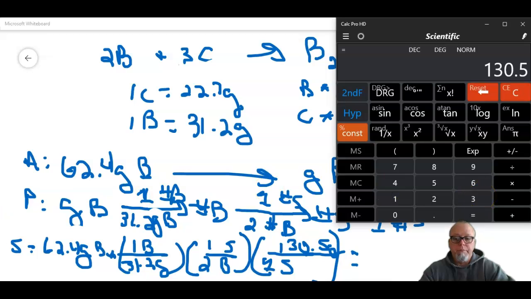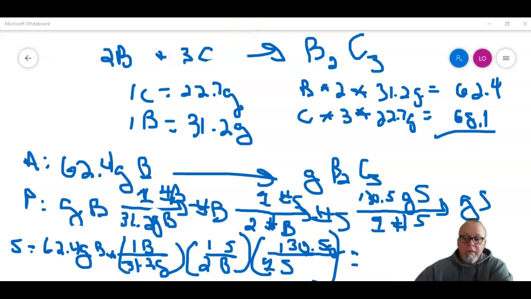That's wrong? That is not wrong, because we have 2 slices of bread and it makes one sandwich. So our answer is 130.5. That looks horrible. Sorry, guys. Let's see, 130.5 grams of sandwiches. Box that in.